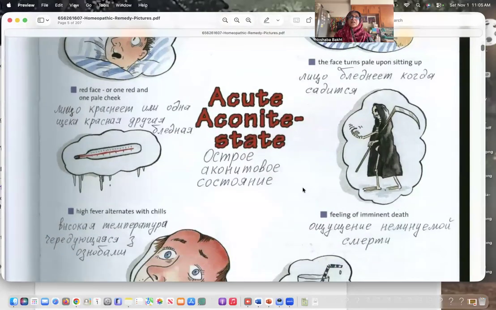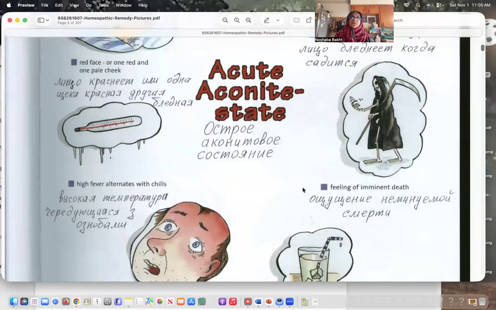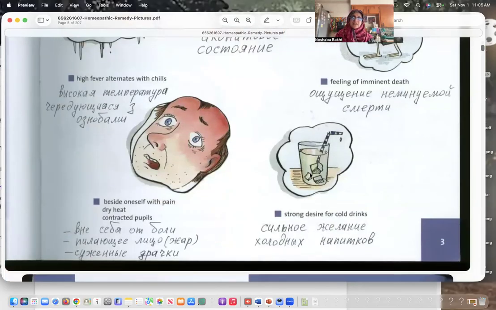Especially they get fever after getting cold. You go out in the cold, come back with a high-grade fever: aconite, with a feeling of imminent death. They will tell you, I am dying. They love cold drinks. Who else liked ice cold drinks? We just talked about that.